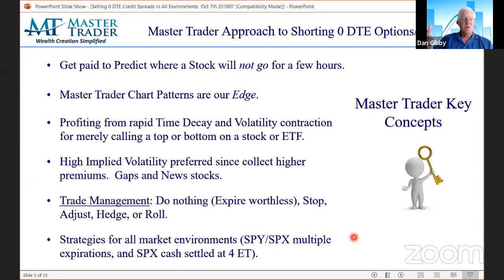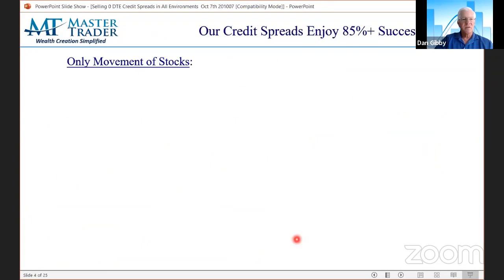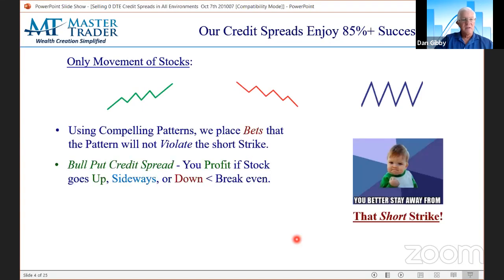And what made that even better is that the spiders in the SPX have Monday, Wednesday, Friday, and then quarterly Thursday, monthly Thursday. So we get these 0 DTE opportunities much more often than once a week.